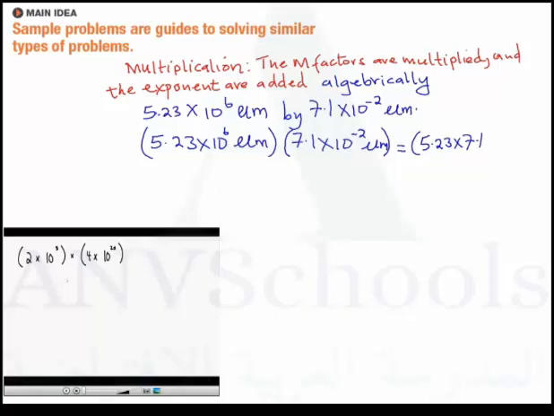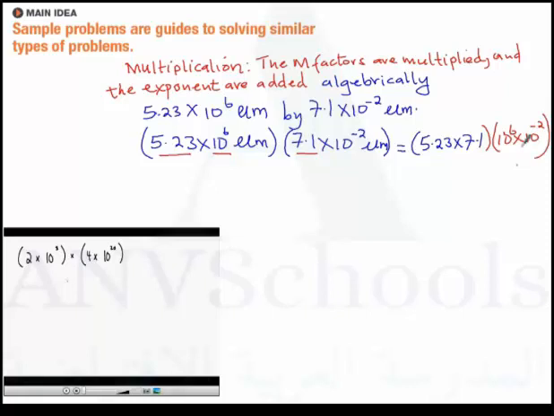So as we said here, the m factors are multiplied. We'll take the m factors, then we will keep them blue here. The m factors are multiplied together, and the powers are also multiplied. Here we have the power of 6 multiplied by the power of minus 2.